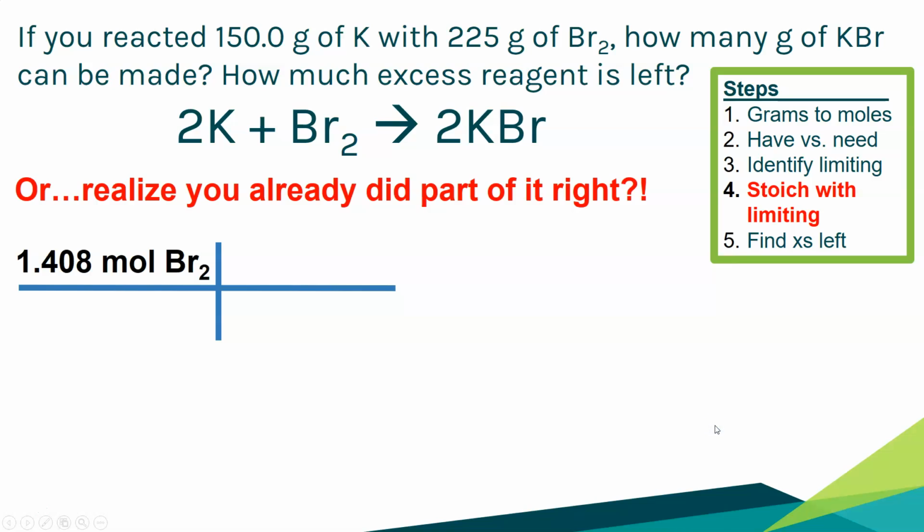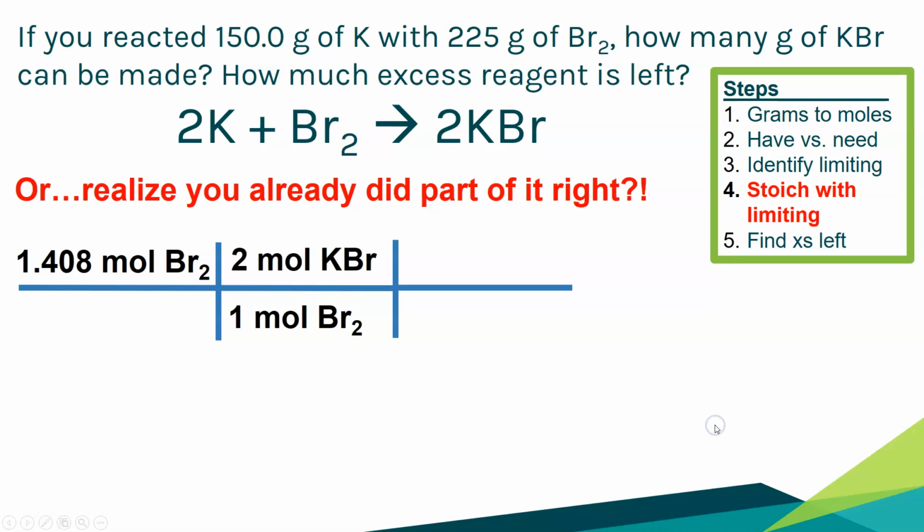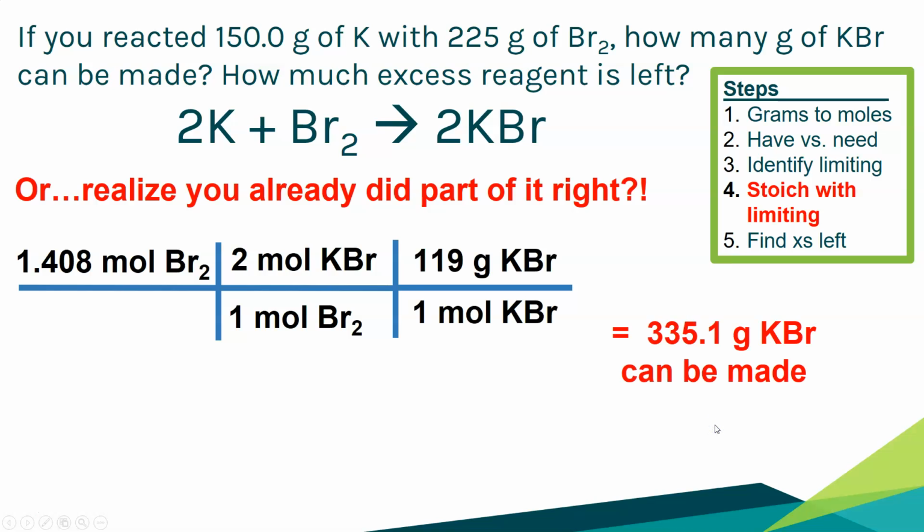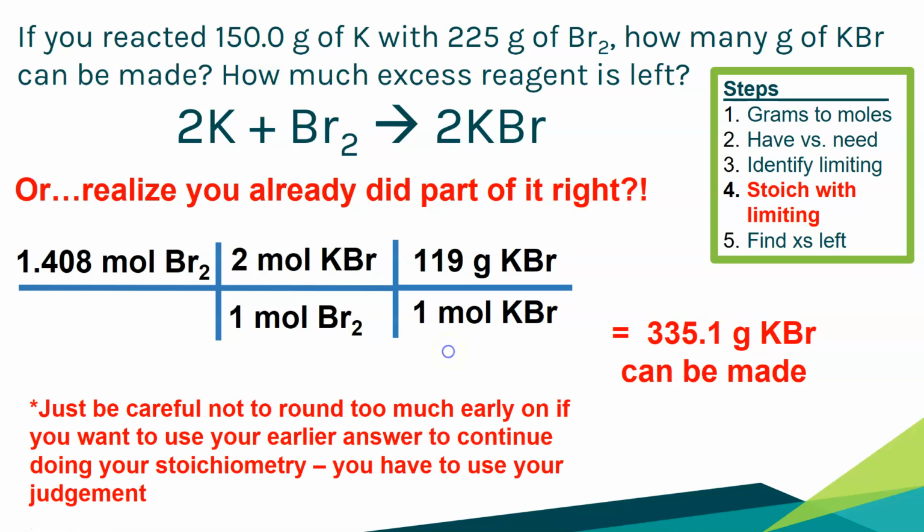So if you would like to, you can write this part down, which is what I was talking about earlier, where we already knew how many moles we had, so I could take that and keep going. If you don't like that, if you just want to start at the beginning again, sounds good.